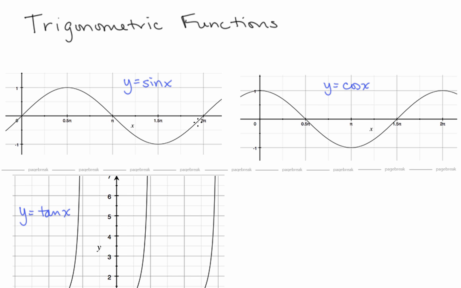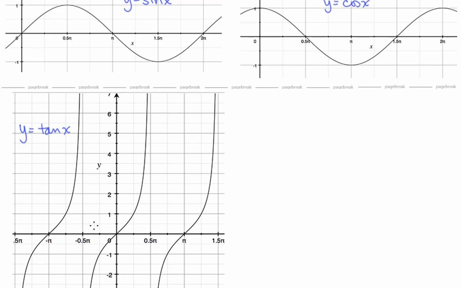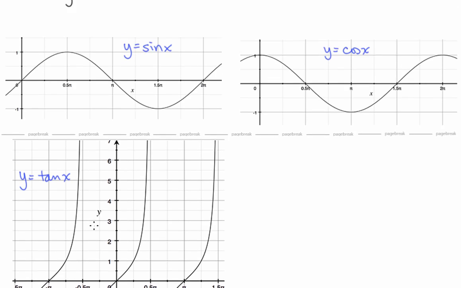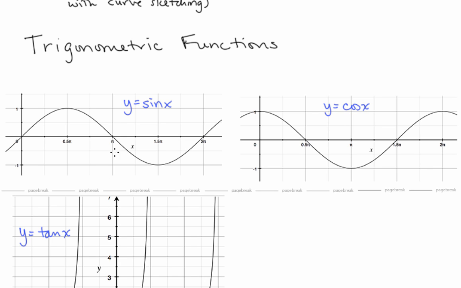Our important trig functions: y equals sine x, y equals cosine x, and y equals tangent x. I need to point out here, though, that it's very common to see students know the shape of the sine and cosine graphs, but not know the x and y coordinates of any particular points on the graph.